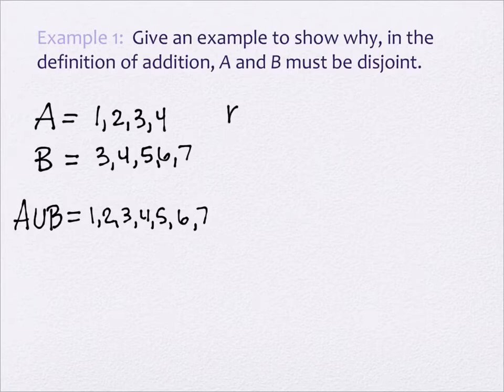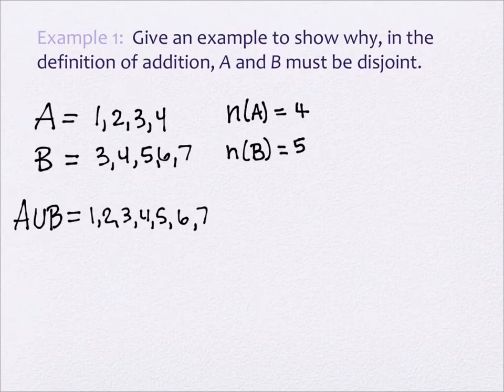And then we're going to do counting. So we're going to find the number of items in each set. How many items are there in set A? 4. And the number of items in set B? 5. And the number of items in the union? 7.